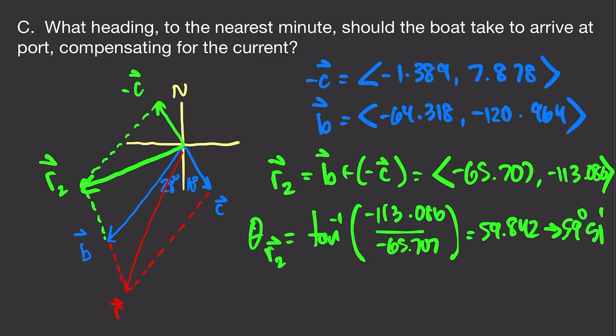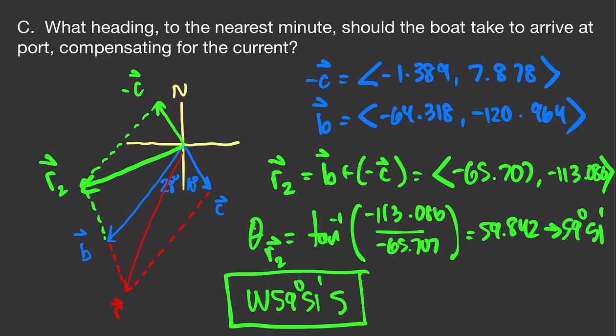So again, here's the hard part. Getting the angle is great, but I want the heading. That angle represents this angle here, the angle from the X. So probably the easiest thing to do is to actually use that angle. I know I need to go west so many degrees south. So what I would probably do is just use that one and call it west, 59 degrees, 51 minutes, south, and be done.